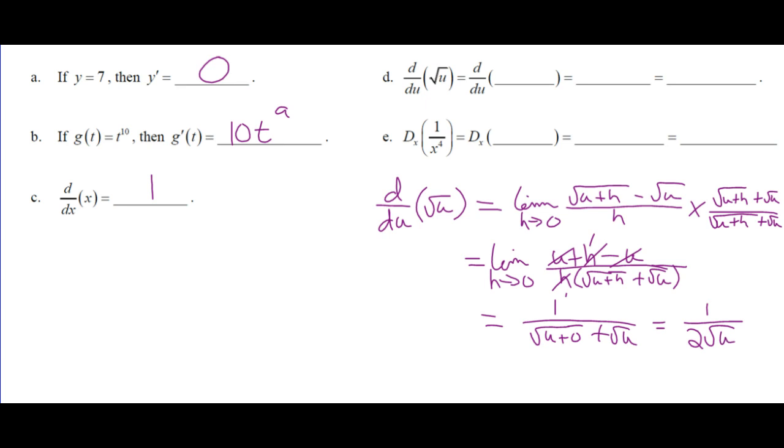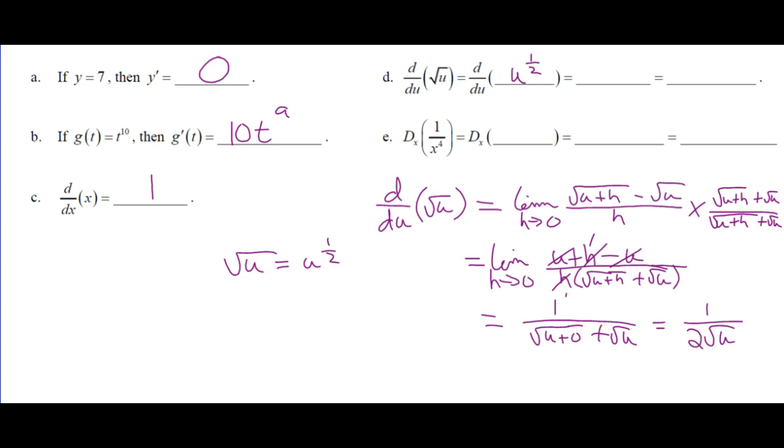Okay, now let's think about another way to express root u. Yeah, root u is u to the power of 1/2. Now what does the power rule say to do? So d by du, up here we'll write u to the 1/2. The power rule says take the power, stick it in front.